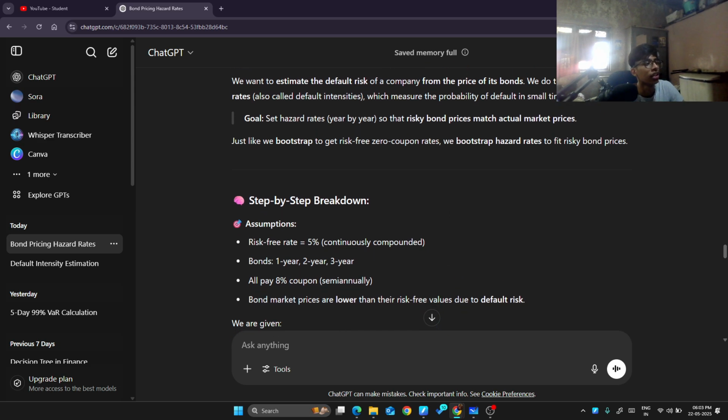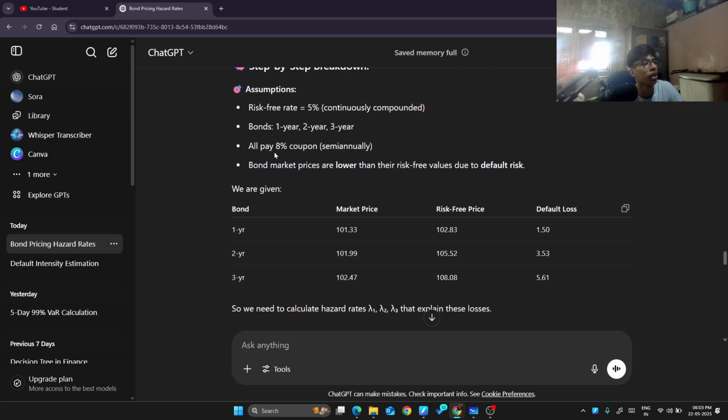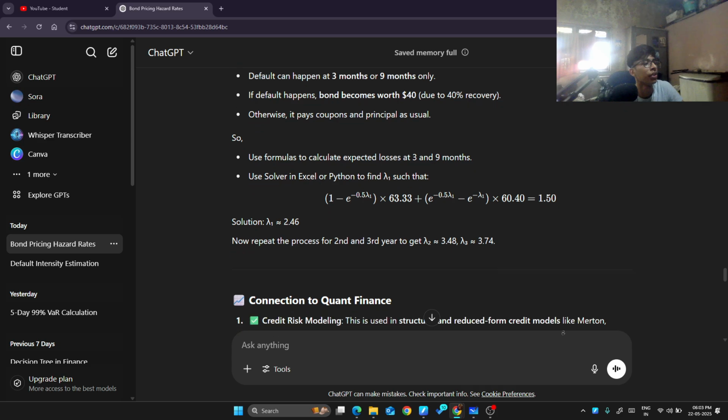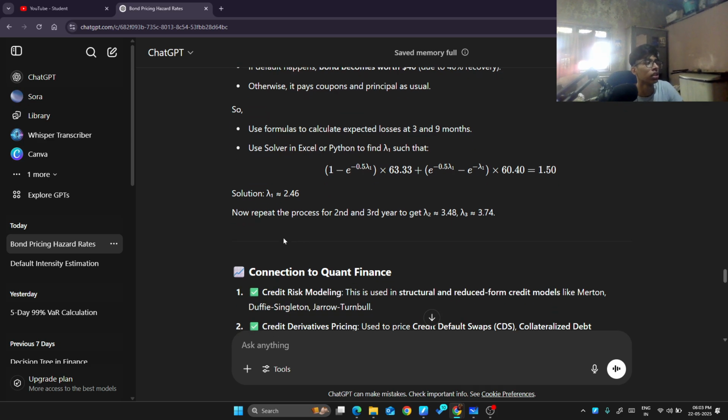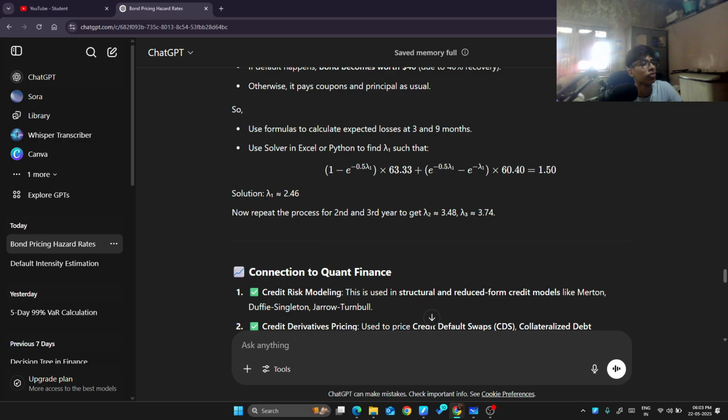It is done like this. If the risk free rate is 5% and we have bonds of 1-2 years, all paying an 8% coupon, we know the market price earlier, the risk free rate is this, and the default loss is given here. By using this formula, 1 minus e to the power of minus 5 times maturity into lambda, we have to find lambda using a solver, Excel Solver or Python.